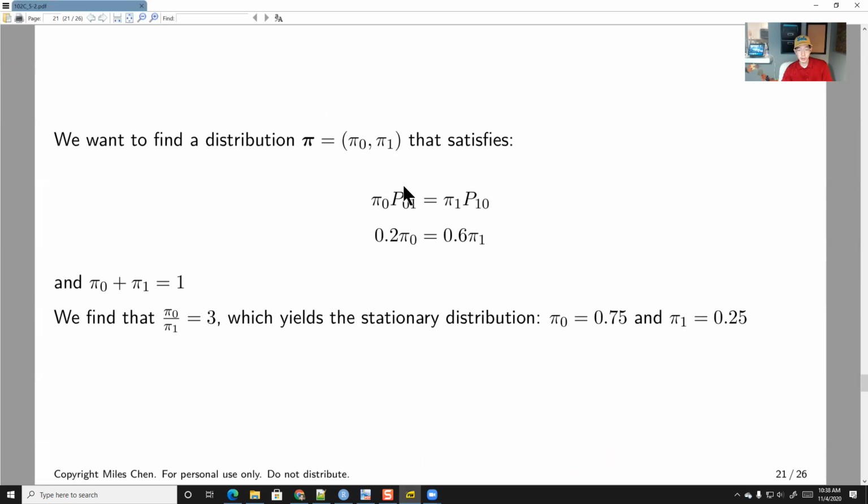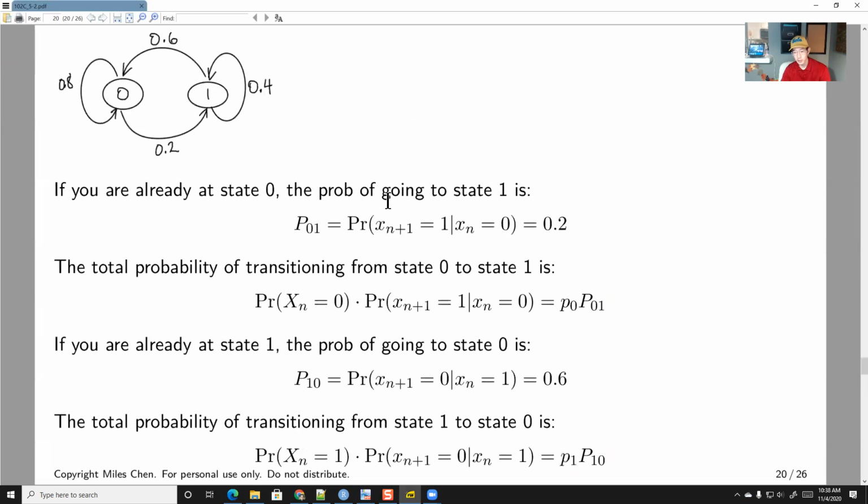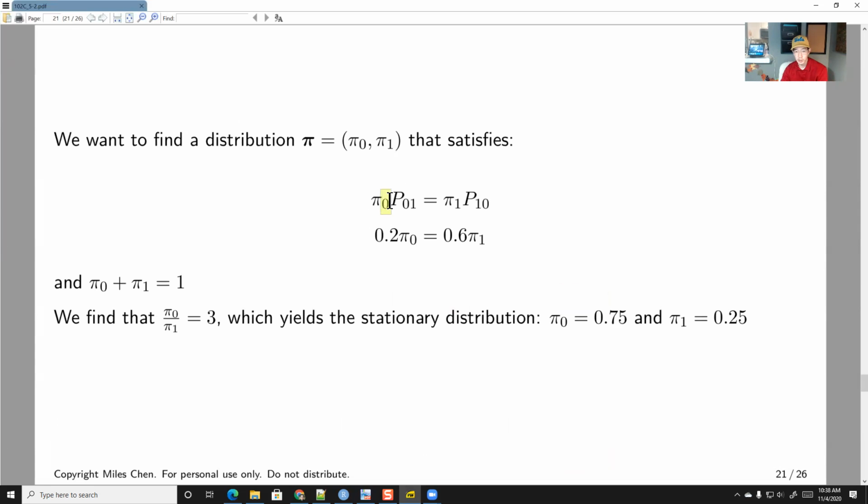So we want to find a distribution at the steady state. Instead of calling this P0 and P1, I'm going to call it pi sub 0 and pi sub 1. We want to find a distribution, pi sub 0 and pi sub 1, that will satisfy this criteria. We've got pi 0 times P01 and pi 1 times P10. We want the amount going from 0 to 1 equal to the amount going from 1 to 0.